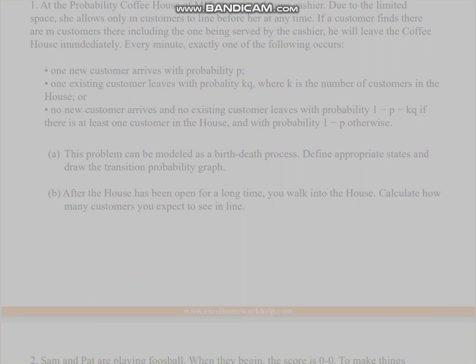1. At the Probability Coffee House of MIT, there is only one cashier. Due to the limited space, she allows only M customers in line before her at any time. If a customer finds there are M customers there, including the one being served by the cashier, he will leave the coffee house immediately.